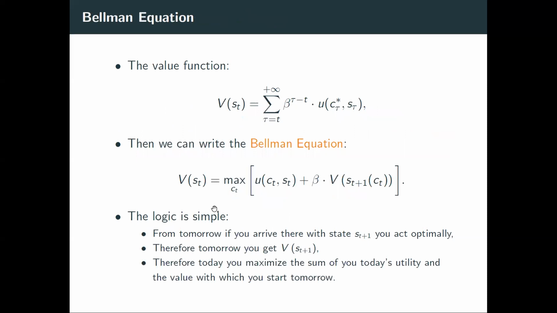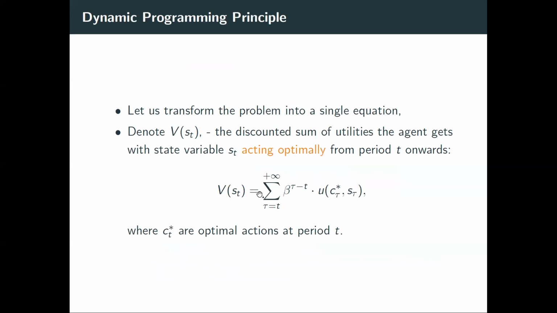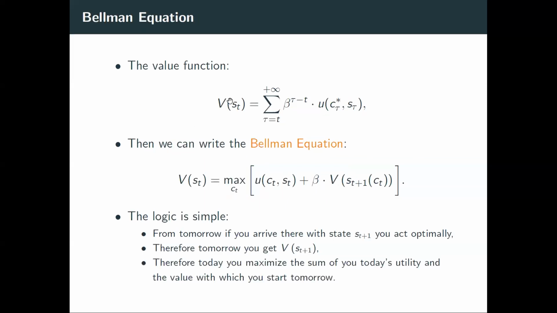And using this value function, it's absolutely the same as in the previous slide, no cheating here. Using this value function, we can construct what is called the Bellman equation. We can basically relate today's value and tomorrow's value.